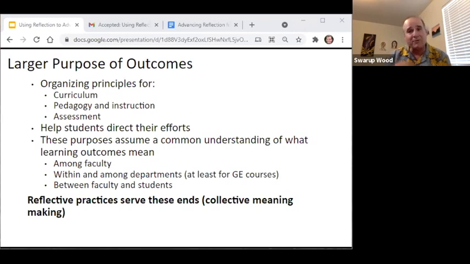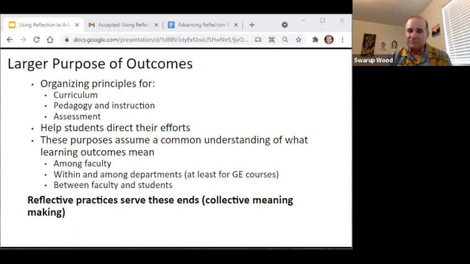We come from different backgrounds. Our use of language is different. But if students are going to benefit from directing their efforts toward learning outcomes, then they'll have to share a common understanding of what an outcome means with the faculty. Otherwise, there are surprises in store.